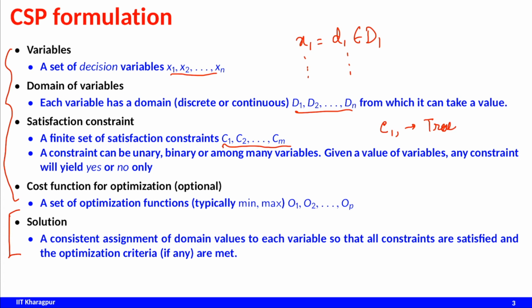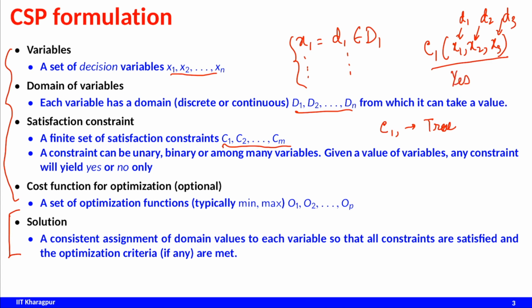Let's say c1 depends on x1, x2, x3. If I replace x1 with d1, x2 with d2, x3 with d3, then this will actually yield yes for me.